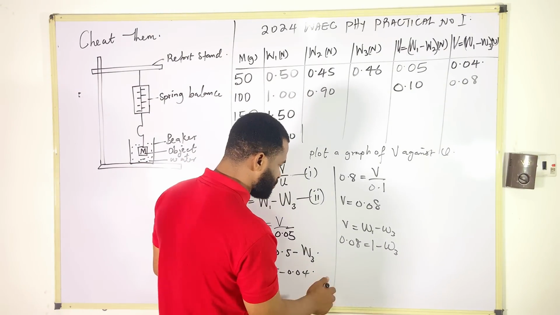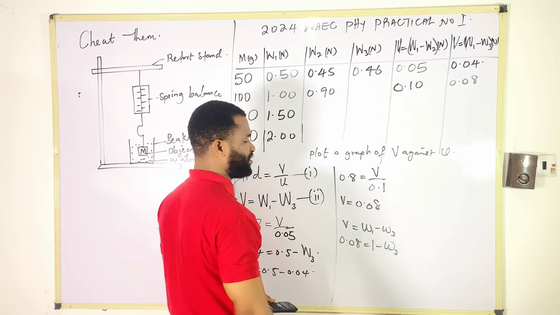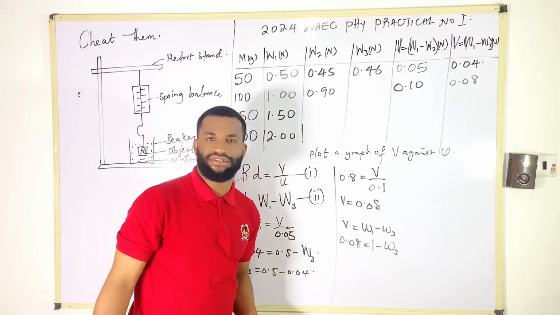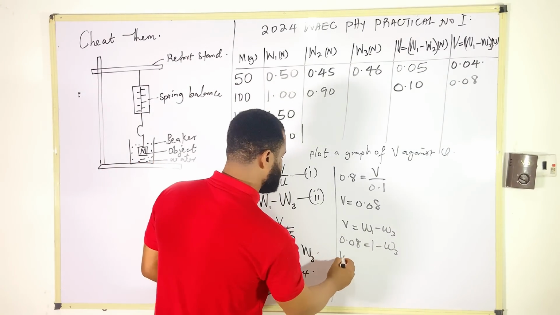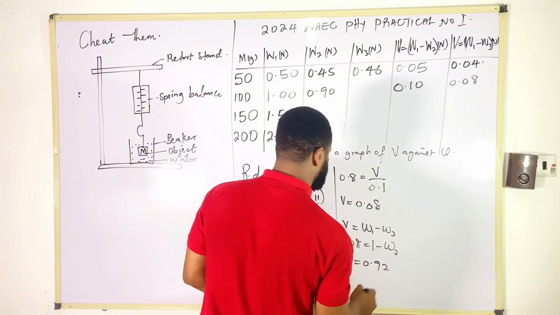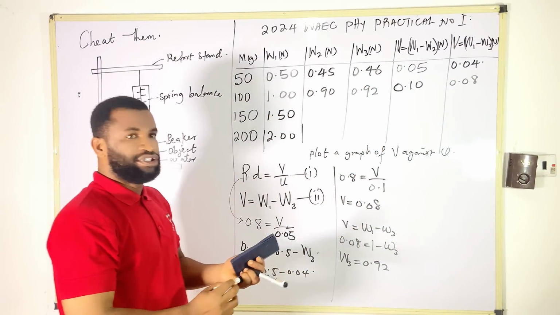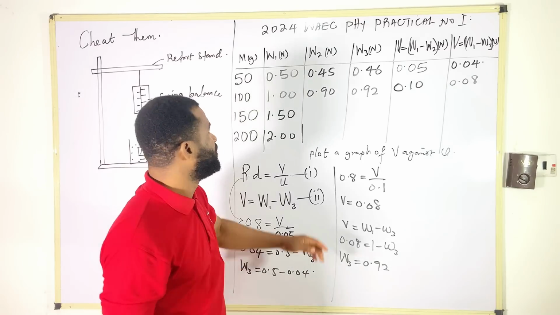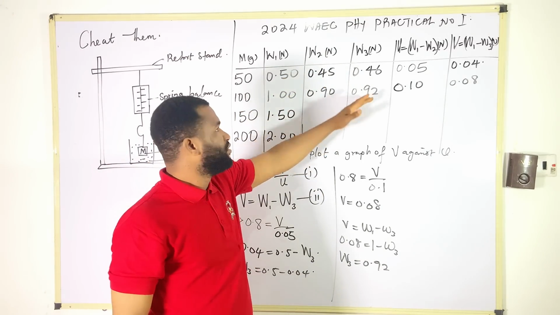So at this point, I'm going to say 1 minus 0.08, it's just like saying 100 minus 8. 100 minus 8 is going to be 92. So we have that W3 is equal to 0.92. Now, if you check very well, like I said from the beginning, these values must be less than this value. That's the way they're going.